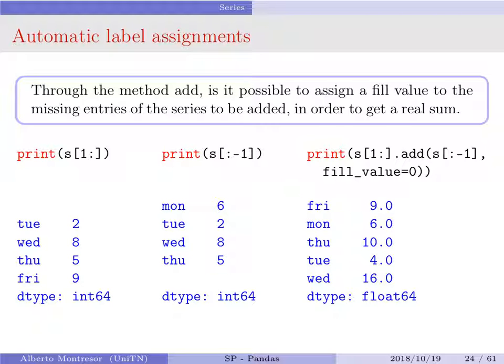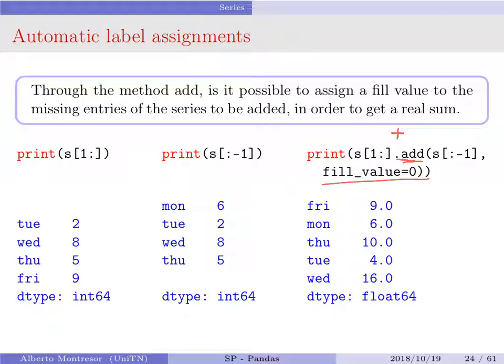You can also, this was an example that I had in mind, use this additional parameter when you are adding, which is an operation which can be used to sum together two series. This is different from the operator plus, because with the operator plus there is no way to specify strange behavior.